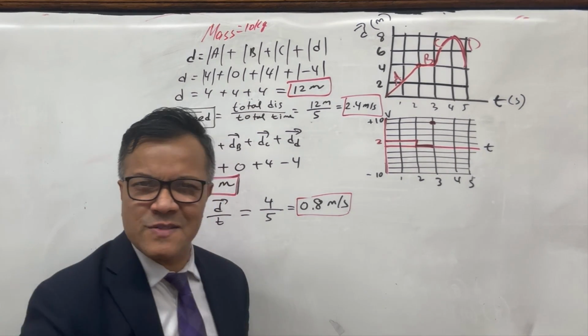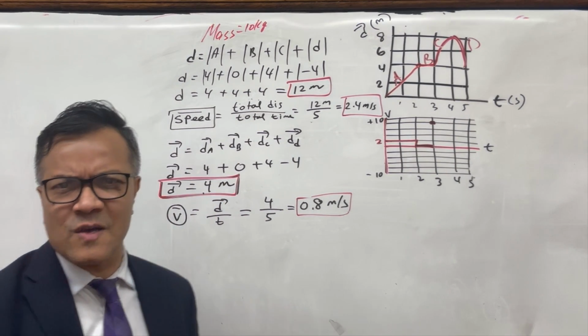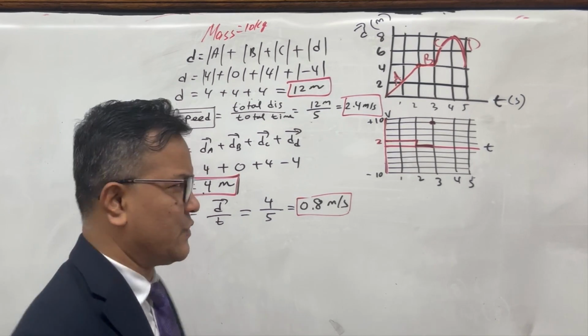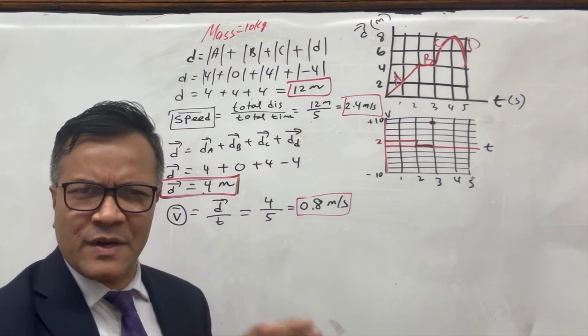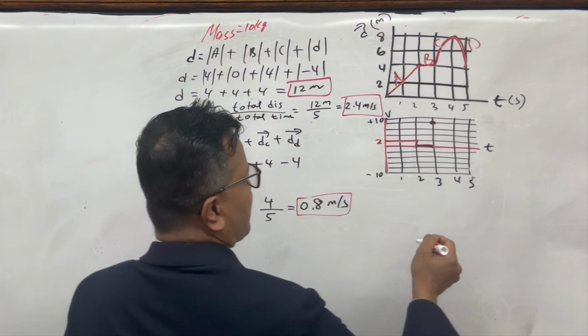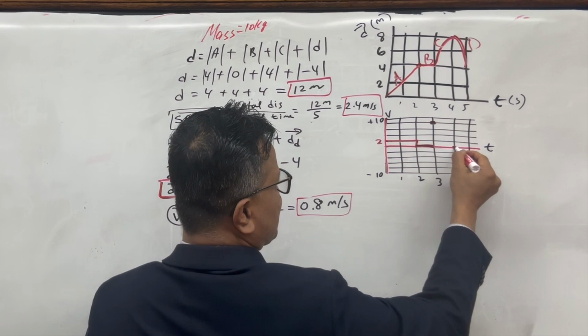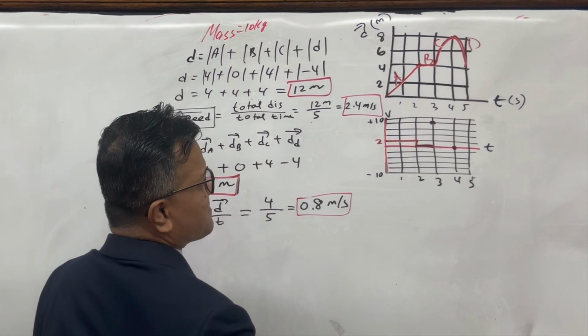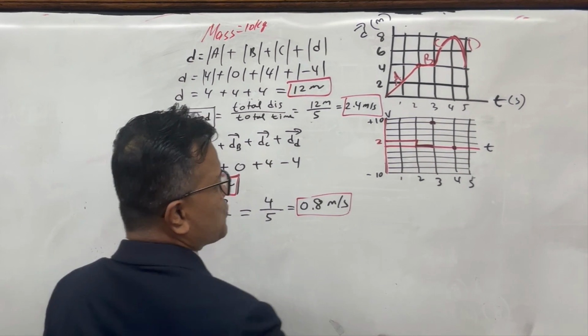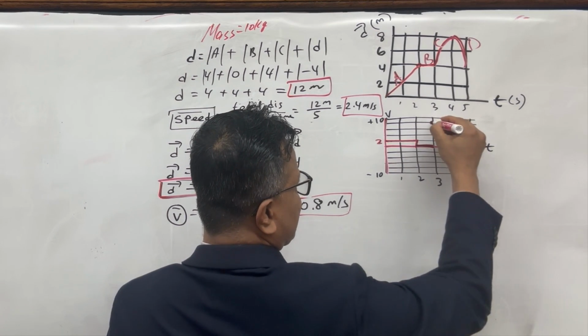What causes this velocity? Acceleration. What causes this acceleration? Force. How much force? We're going to find all of this. And at 4 seconds the velocity is 0. At 5 seconds the velocity is equal in magnitude, opposite in direction.